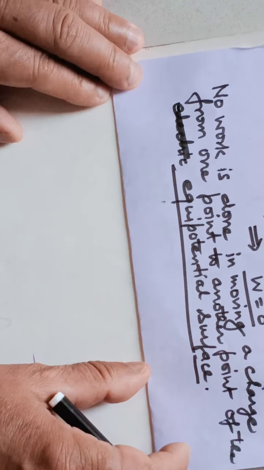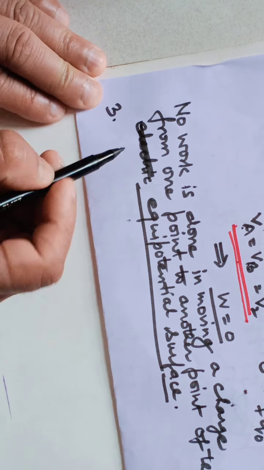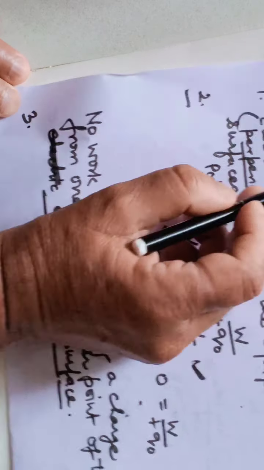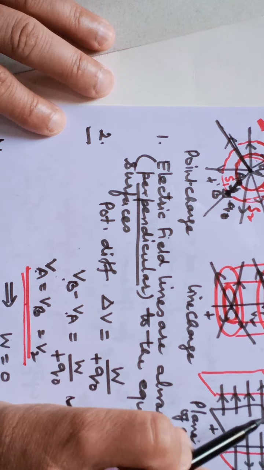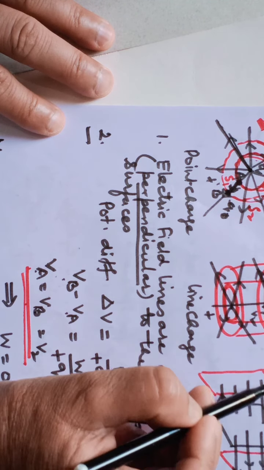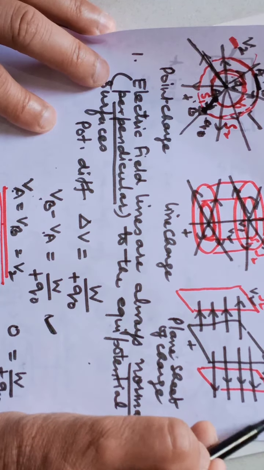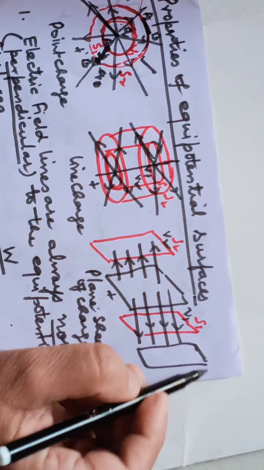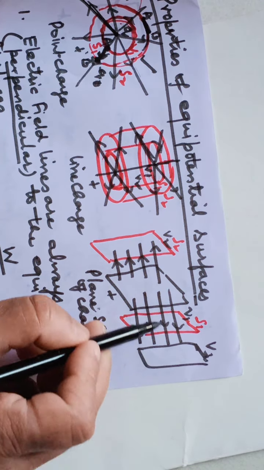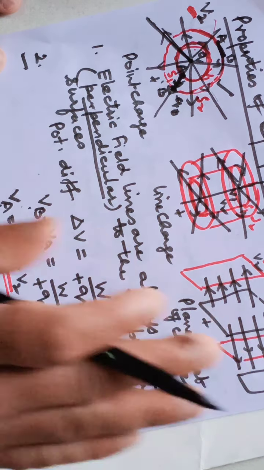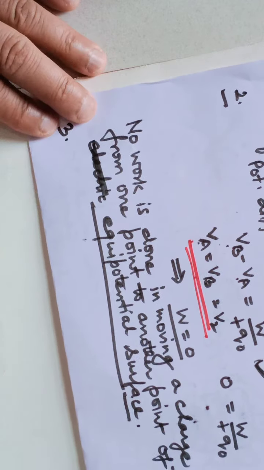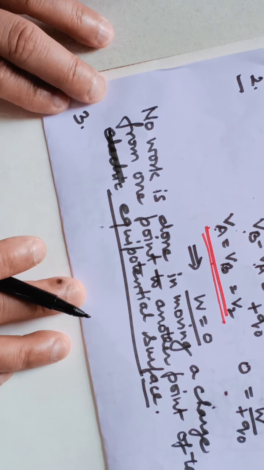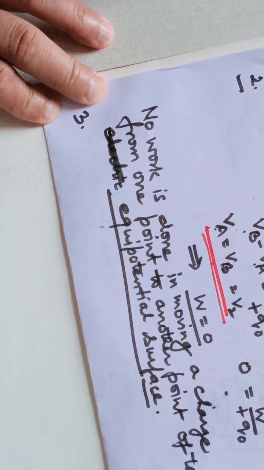The third property is: we have seen that if the potentials are different, V1 and V2, or we take another, V3, then the surfaces are also different. So there is no question of two equipotential surfaces ever crossing each other.